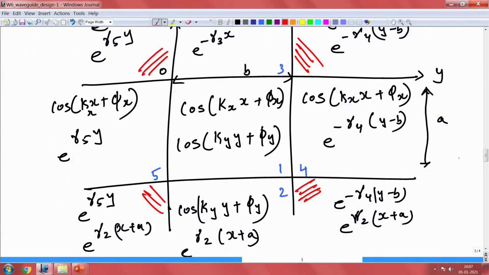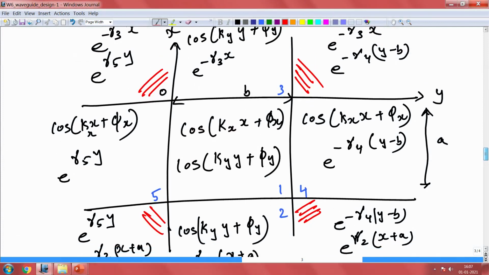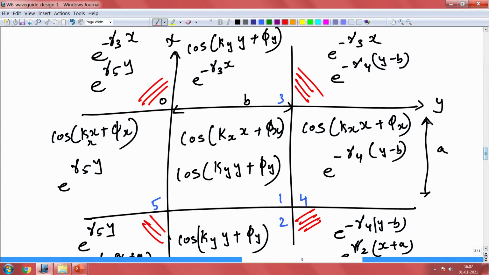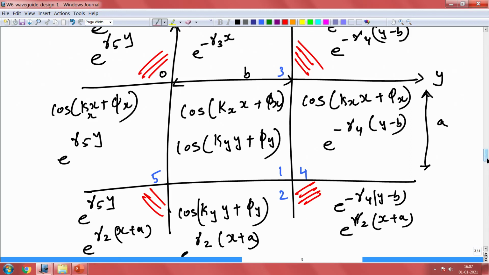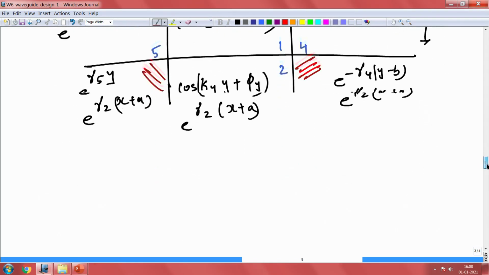So, this is where we left in the last lecture, right. So, there are different regions that you can use, we can define with both oscillating and decaying solution.